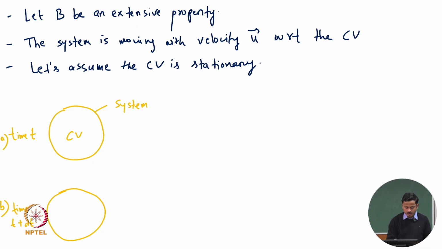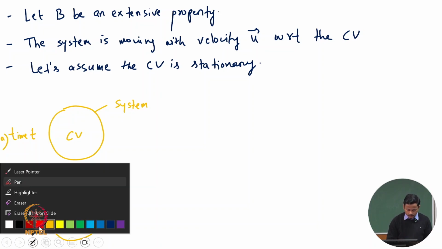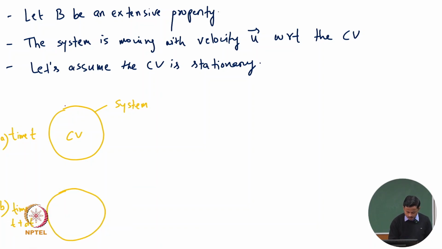So the CV is the system. There is nothing wrong in this. Let's show the system with these dots. So the system and the CV are coinciding at time t. So t is the reference time. This is the time at which we start our analysis.